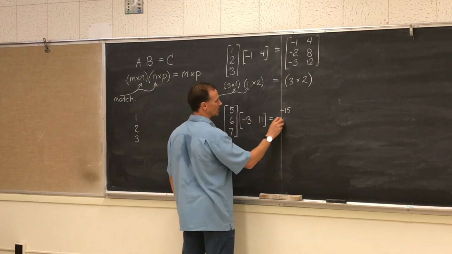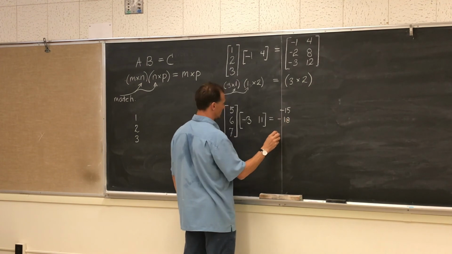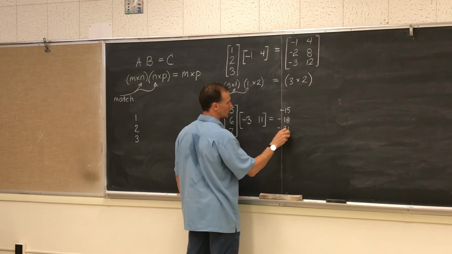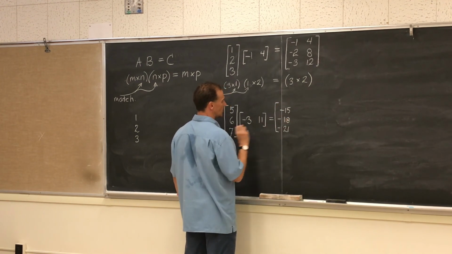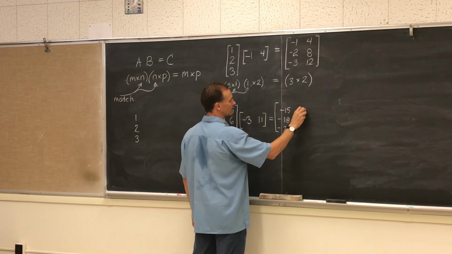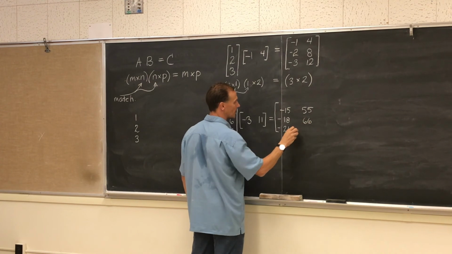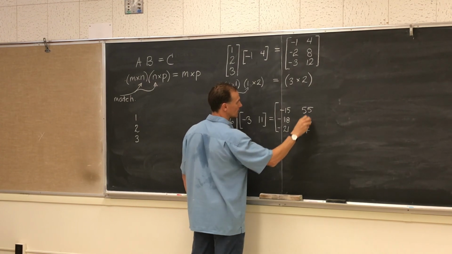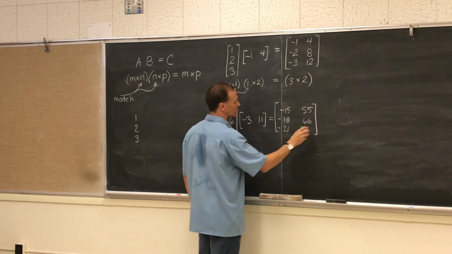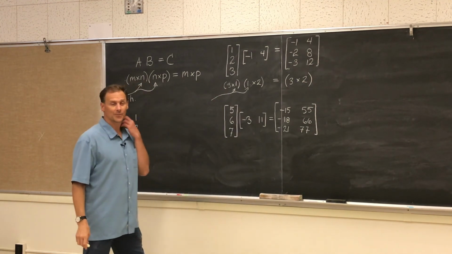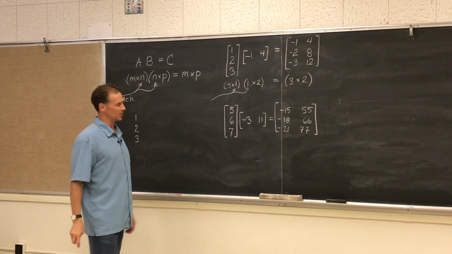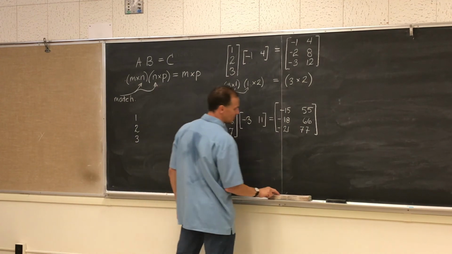I'm going to get a -15, a -18, a -21. And then I'm going to get a 55, 66, and a 77. Okay. Now, here's the interesting part. What if I gave you this?